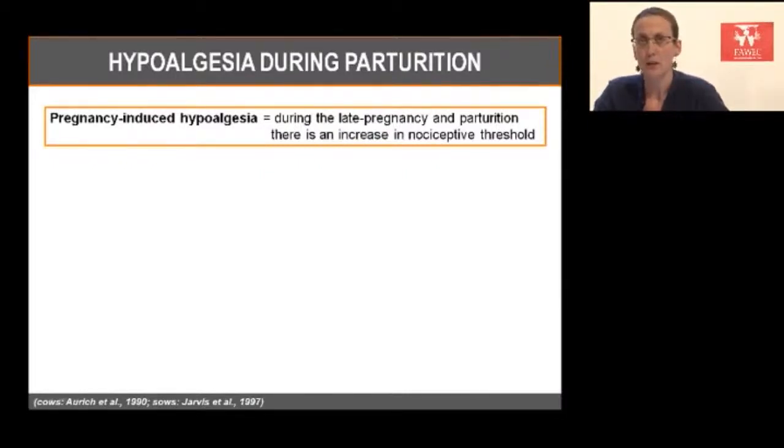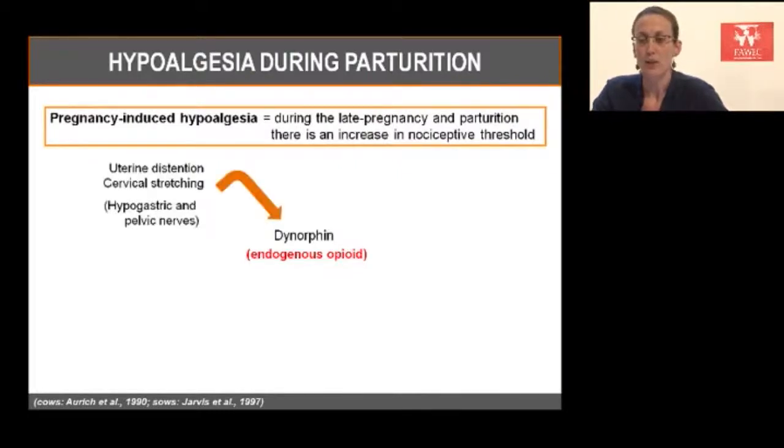This mechanism is mediated by endogenous opioids, and specifically during parturition, the uterine distension and cervical stretching, through the hypogastric and pelvic nerve, increase the concentration of dynorphin.